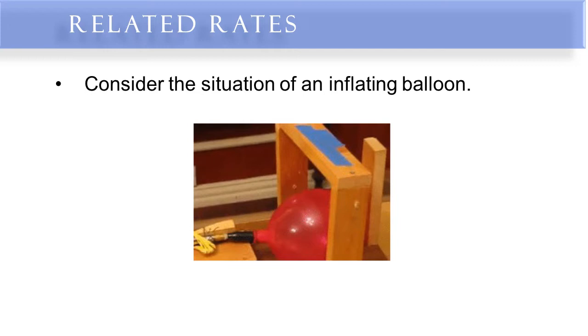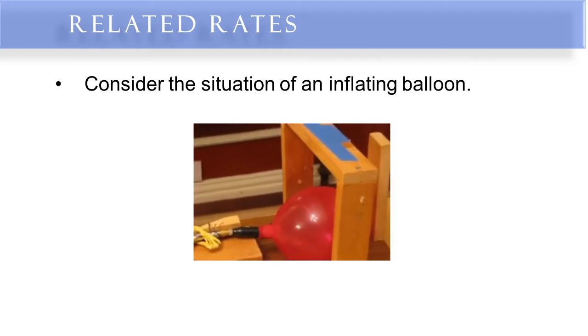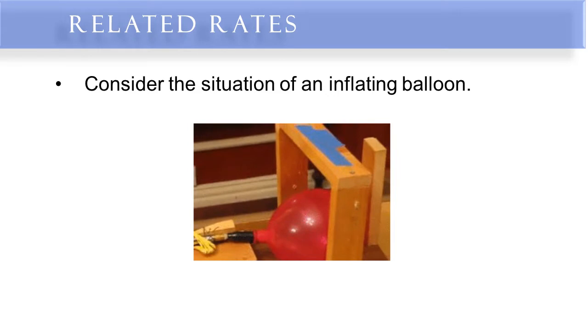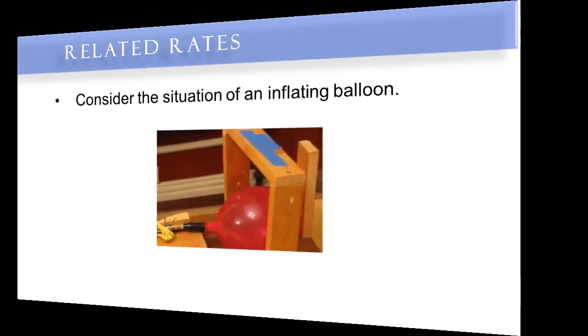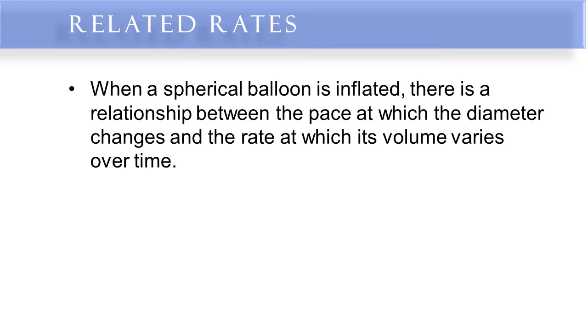Additionally, the volume of the balloon also increases. Therefore, when inflating a spherical balloon, the volume increases as the diameter also increases. So, when a spherical balloon is inflated, there is a relationship between the pace at which the diameter changes and the rate at which its volume varies over time.